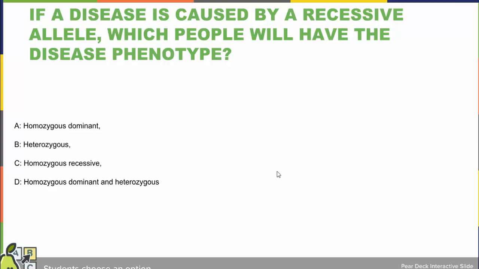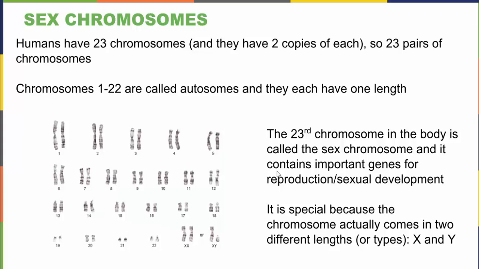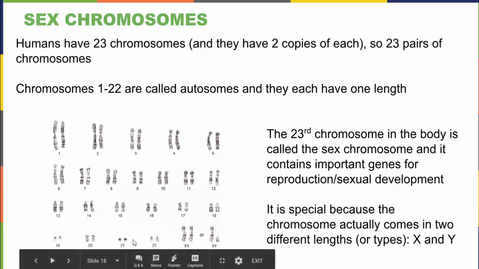All right, so we've said many times that humans have 23 chromosomes, and they have 2 copies of each, so they have 23 unique pairs of chromosomes. We haven't talked much about the difference between chromosomes 1 through 22 and chromosome 23. So 1 through 22 are called autosomes, and they each have one length, meaning chromosome 1 is one length, chromosome 2 is one length, and so on.